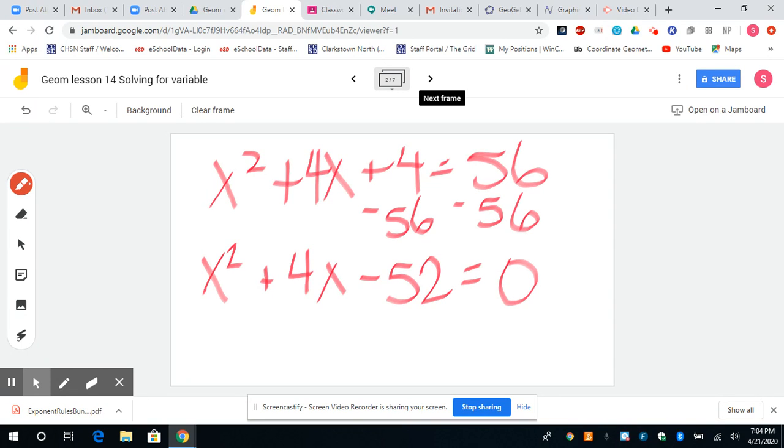Ultimately, you can factor this out. What I want you to do, though, is leave it. If you can factor this, go ahead and try to. This may need to be for another day's lesson. But I just wanted to show you that you can't combine these. So you're just going to have this expression. Okay, so for this one, we couldn't solve for x. We would need to factor.